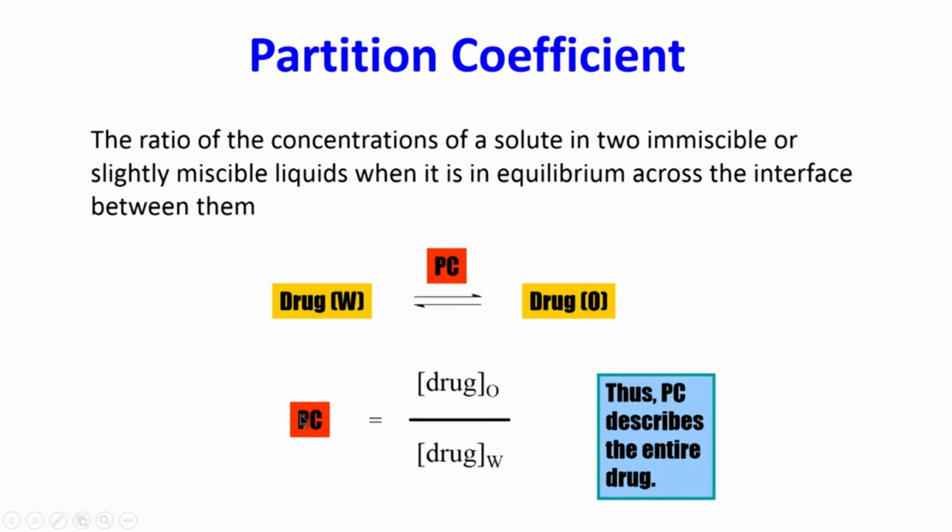So, the partition coefficient of the drug will essentially be the concentration in the oil divided by the concentration in water. So, the PC is a property of a drug, it is not going to change with the amount of the drug. For a molecule X, the PC will remain constant regardless of the amount and things like that.